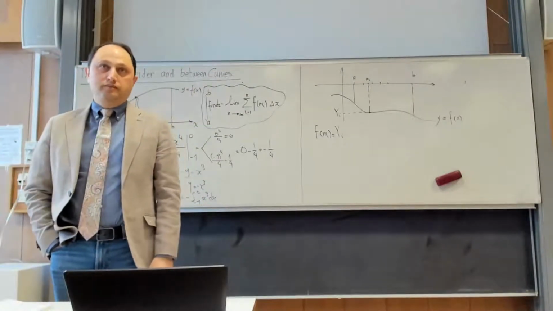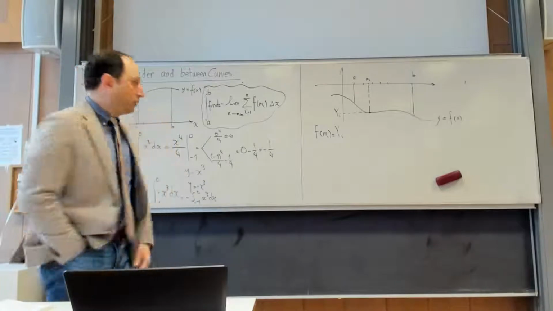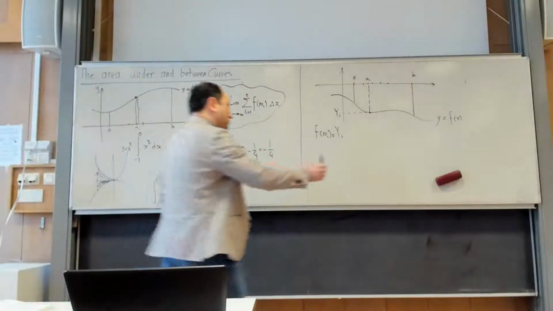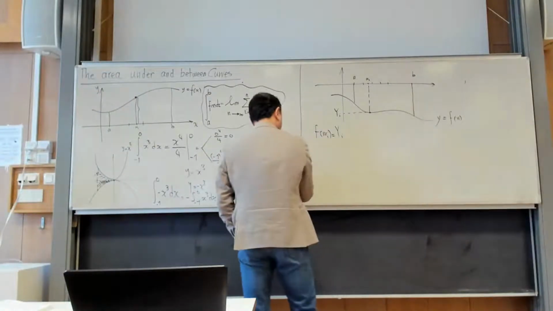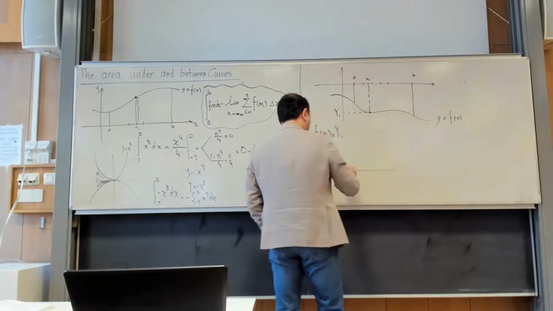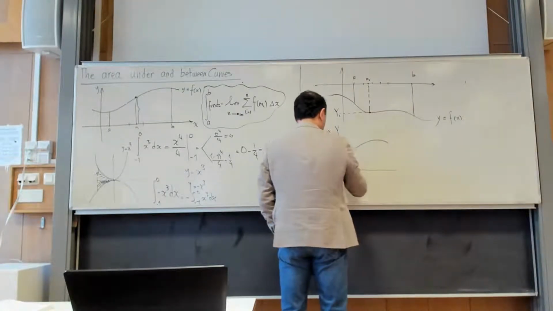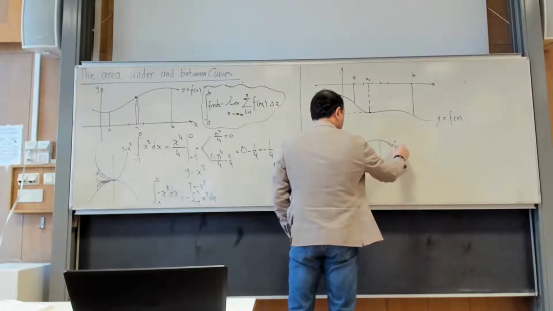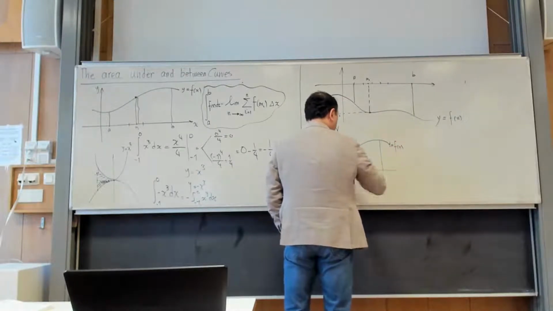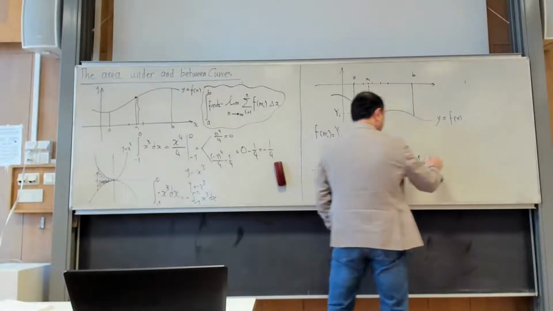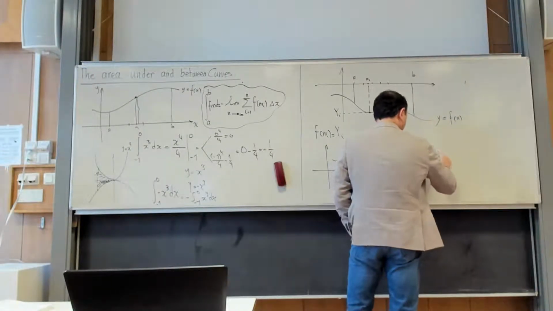Is that understandable? Yes or no? Yes. Okay, so let us write this recipe, yes? So we say that, let me just draw a picture, it's easier for you. So I have this, for example, and then I have a and b here, this is y equals f of x, and then this area, let me call it A. If I ask you to write a formula for this area, you know, it is the integral from a to b of f of x dx.